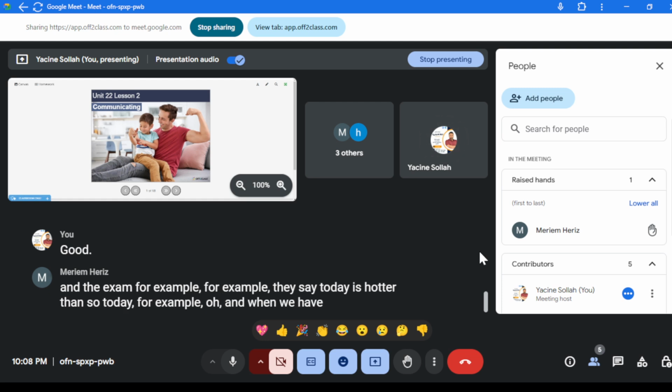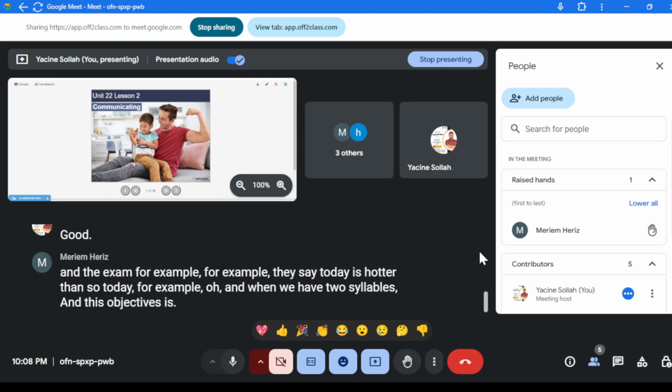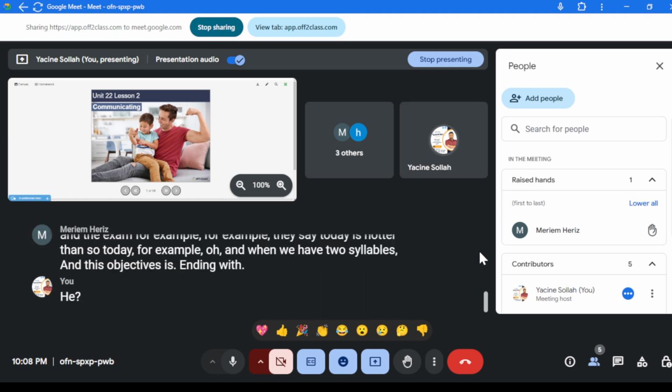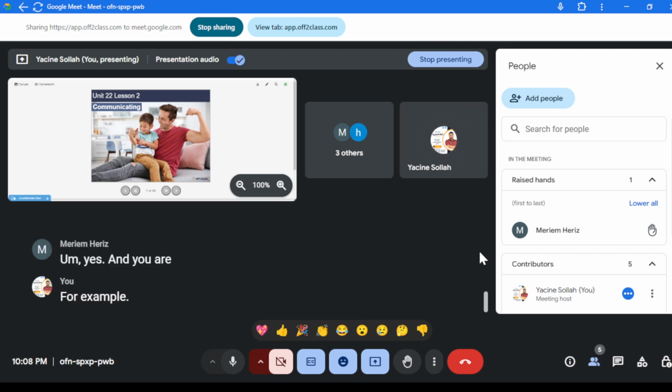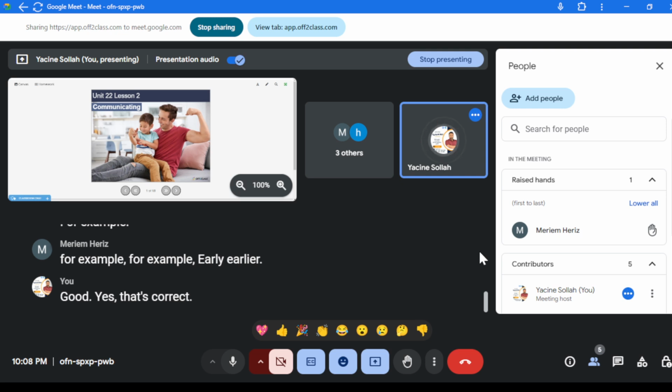And when we have 2 syllables, and this adjective is ending with y, we switch y with the i, and we add the er. For example, earlier. Yes, that's correct.